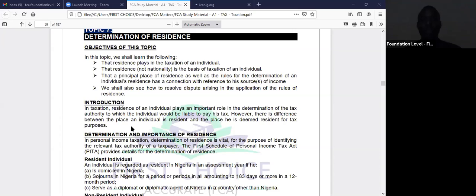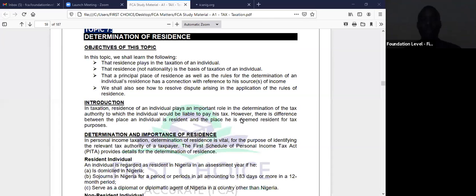We shall be looking at what is called determination of residence. Determination of residence is our area of focus today, okay? Now, a taxpayer who is an individual, his tax authority is the state's internal board of revenue.